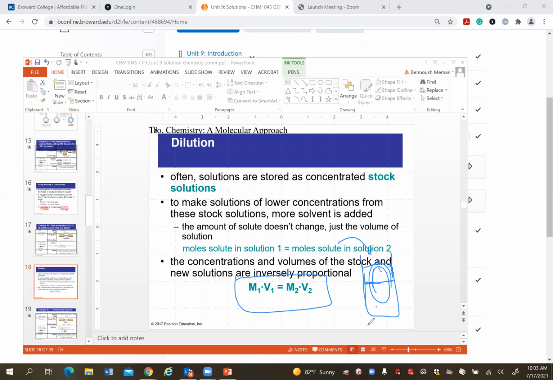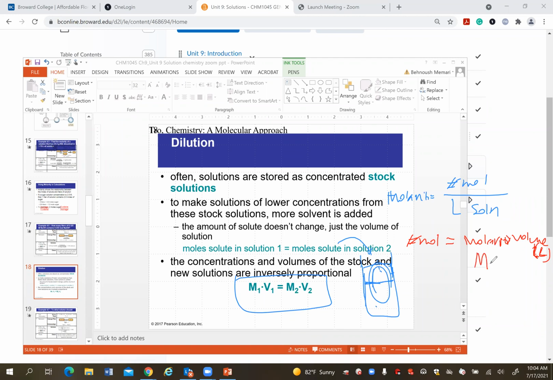How do you calculate number of moles? Molarity equals number of moles divided by liters of solution. You can rearrange this formula and say number of moles equals molarity times volume in liters.